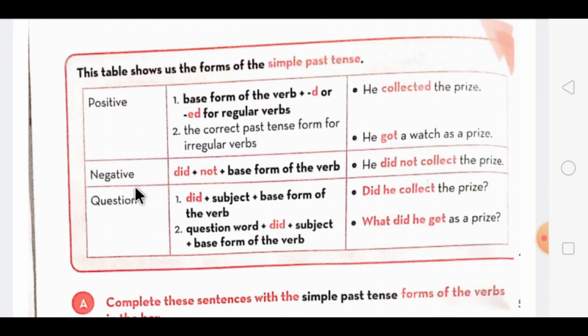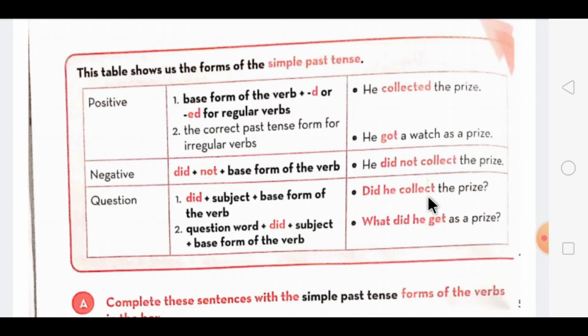Then when we are forming the negative sentence, the formation will be, we have to use the word did plus not plus the base form of the verb, means that is V1 form of the verb, means did plus not plus collect. Then when we form a question, that time we have to use the formation did plus subject plus base form of the verb.